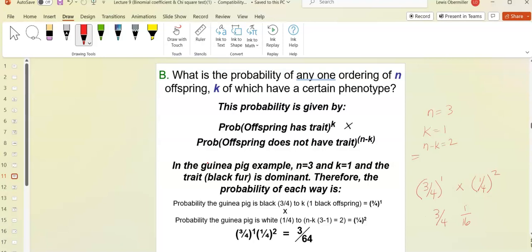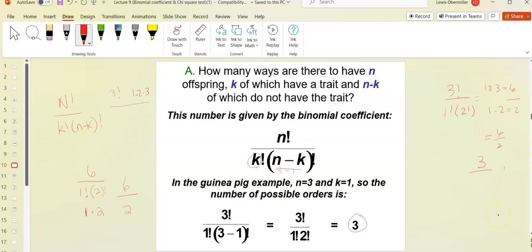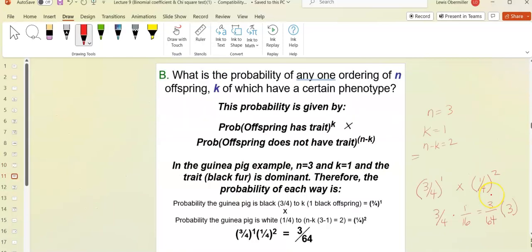So we multiply 3/4 by 1/16, and then we get 3/64, right? And now we have to multiply that by 3, which is the value we got from the binomial, which is right here. This is our 3 value from the binomial.